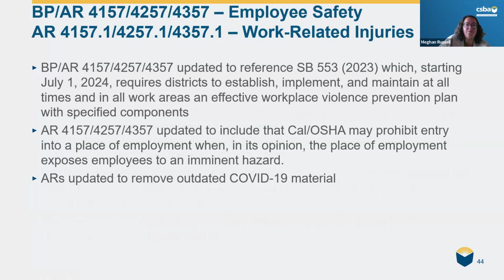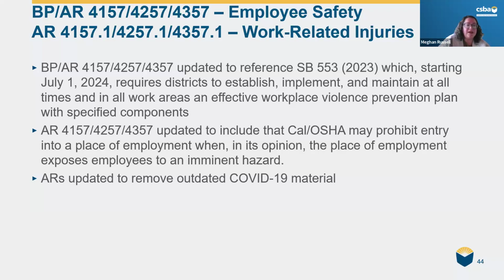So the BP 4157 and AR were updated to reference SB 553. And so starting July 1st, 2024, SB 553 requires districts to establish and maintain in all work areas an effective workplace violence prevention plan.